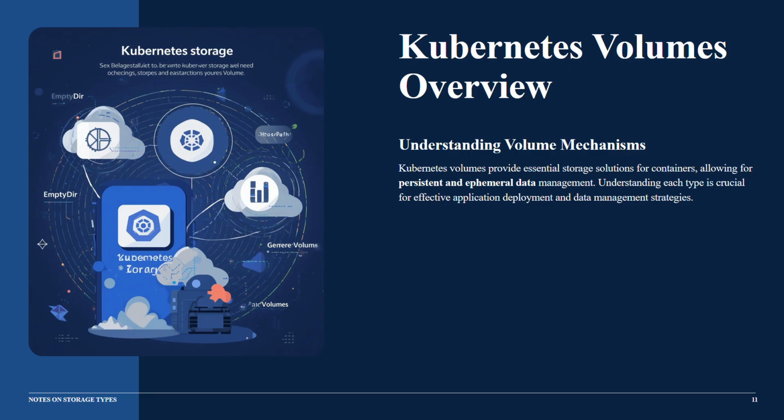Kubernetes volume mechanism overview. Understanding the volume mechanism, Kubernetes volumes provide essential storage solutions for containers, allowing for persistent and ephemeral data management. Understanding each type is crucial for effective application deployment and data management strategies.